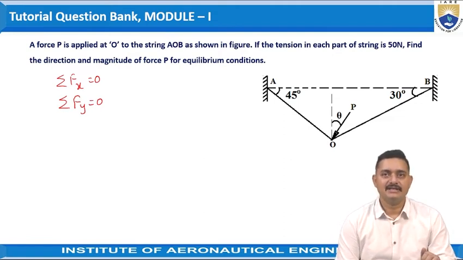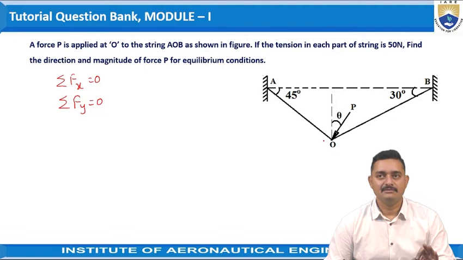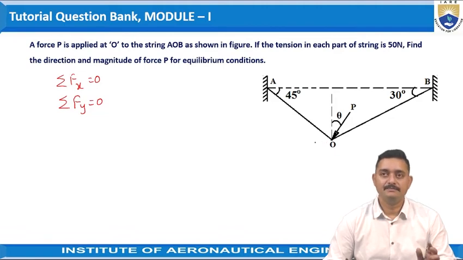So first let us take the free body diagram of the given problem. As per the given problem, there is a point at which the force P is acting, and this is the string.